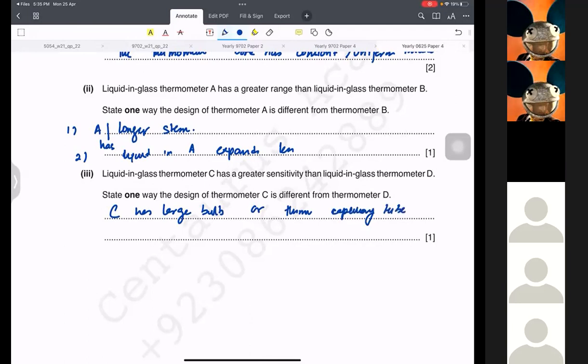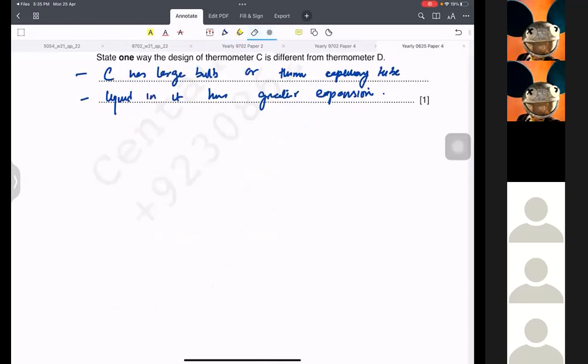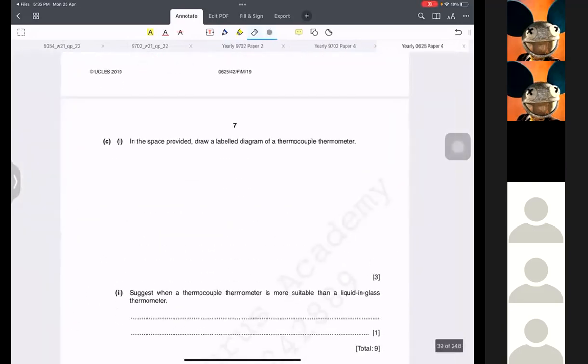That could be one of the reasons. And also it contains some liquid that has greater expansion. So these are all the reasons that give rise to greater sensitivity. So you can write it if that's wrong.